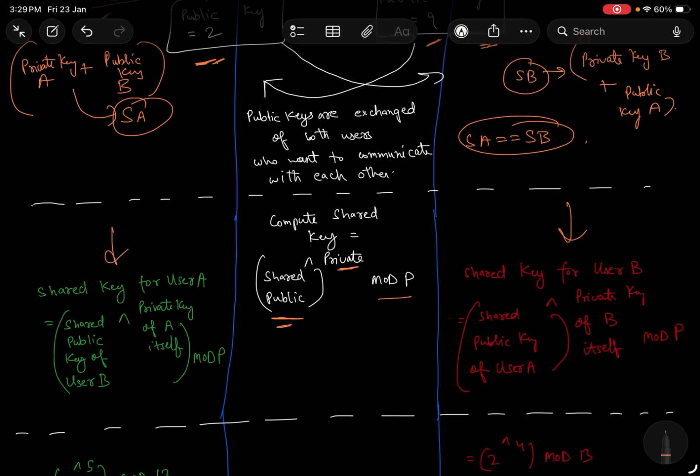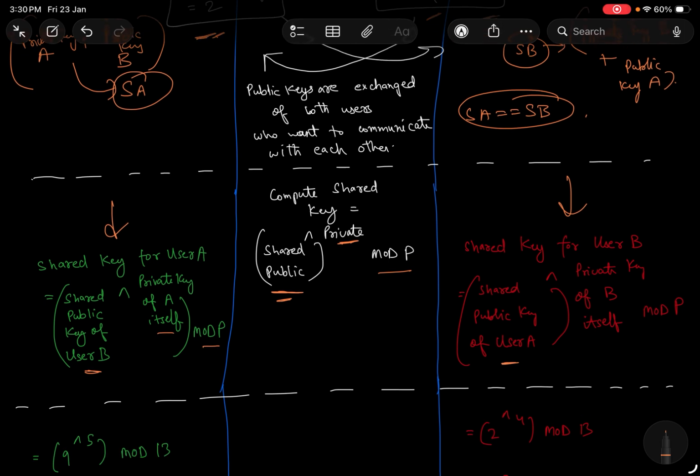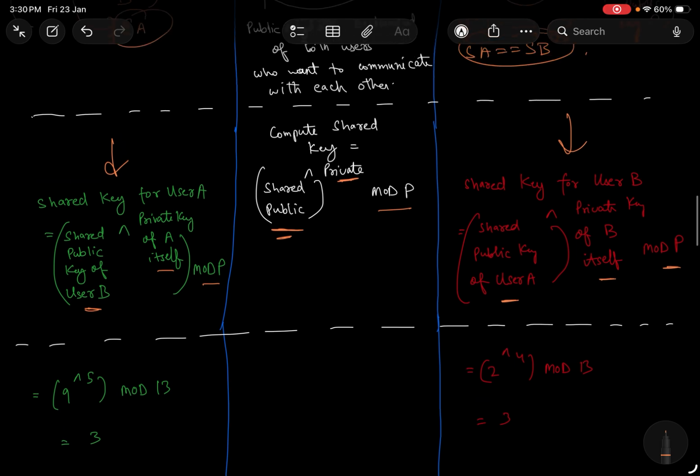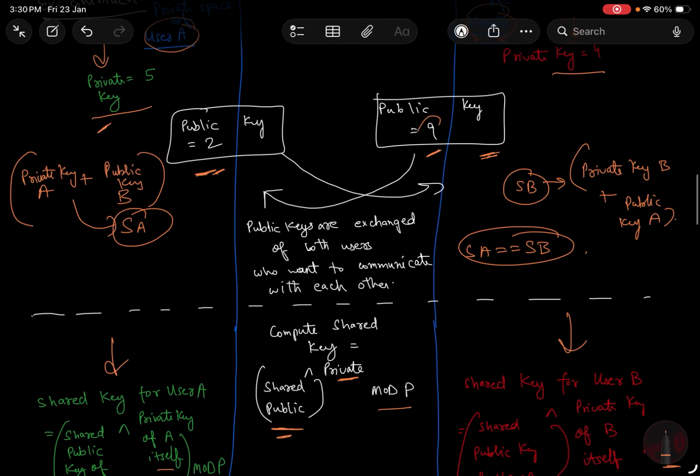So if we see, the shared key for user A becomes the shared public key of user B, if it wants to interact with B, with the private key of A itself, then mod with P. And similarly for B, if it wants to interact with A, it becomes the shared public key of user A, then the private key of B itself, and mod with P. So if we try to plug in the values, we saw the shared public key of B was 9 and A was 2.